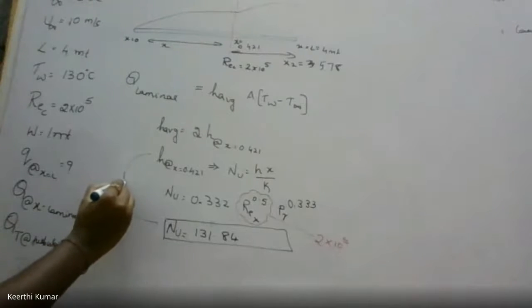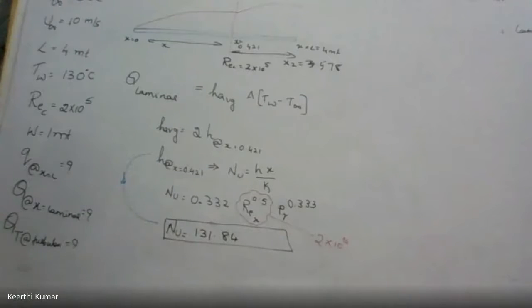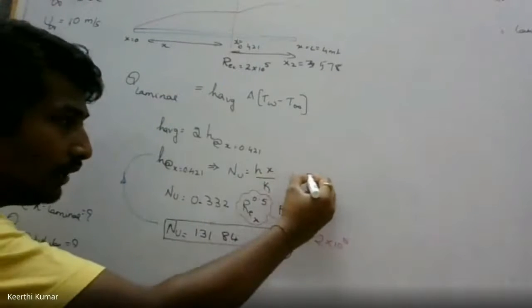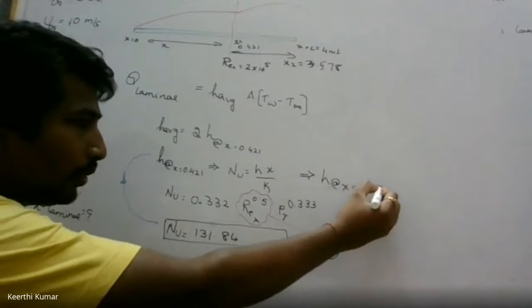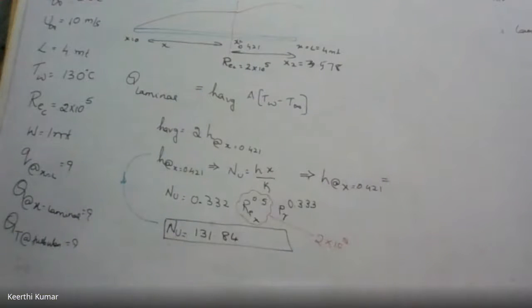Substitute this Nu back in this equation. So what will I get there? From this equation, I will get h at x is equal to 0.421. Something I'll get. You tell the value. k is the thermal conductivity of air. x is nothing but the point where the laminar flow is converting to turbulent.